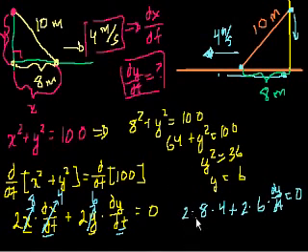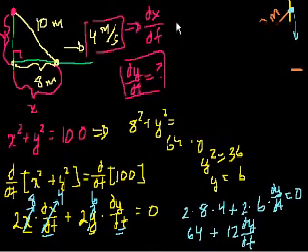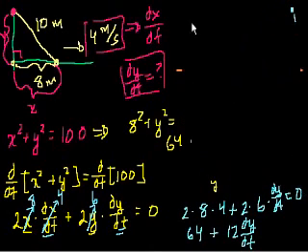So what is this? 2 times 8 is 16, times 4 is 64, right? So 64 plus 12 dy/dt equals 0. And let me erase some stuff. I tend to try to crowd too much into one window, making things confusing. Okay, so then we can simplify.